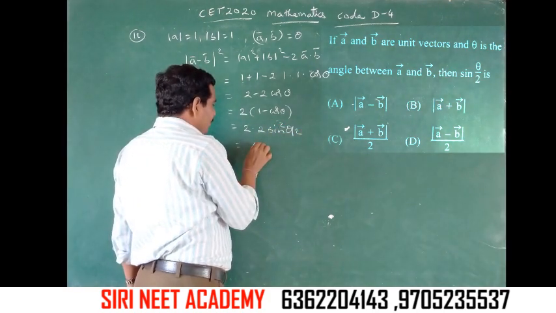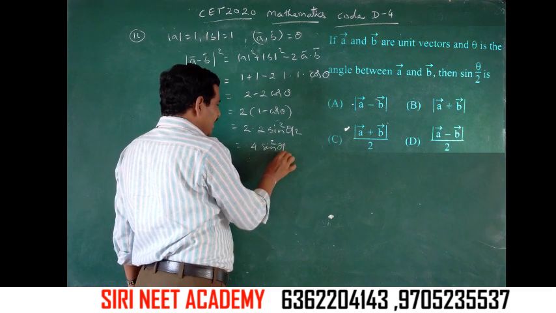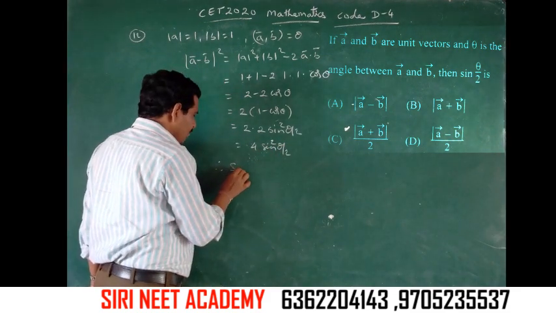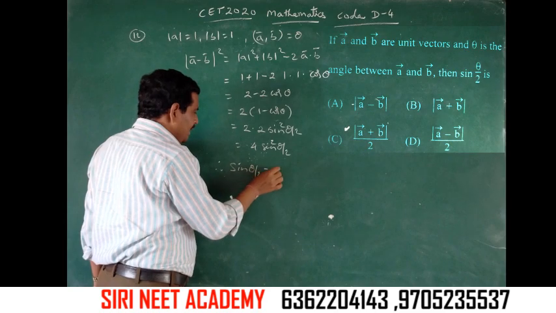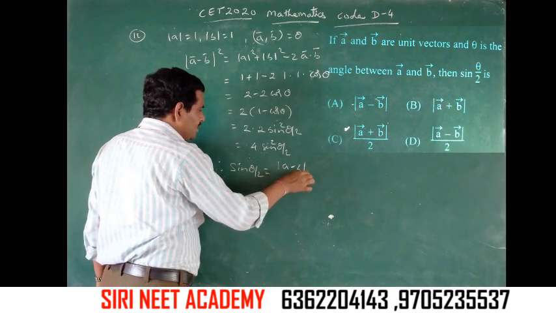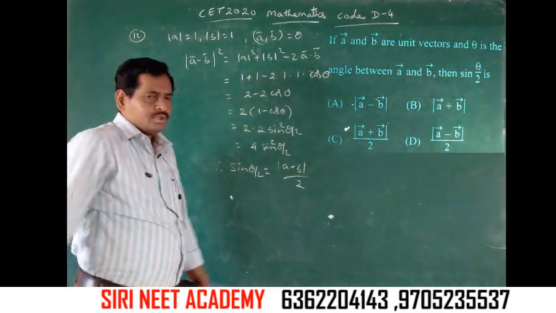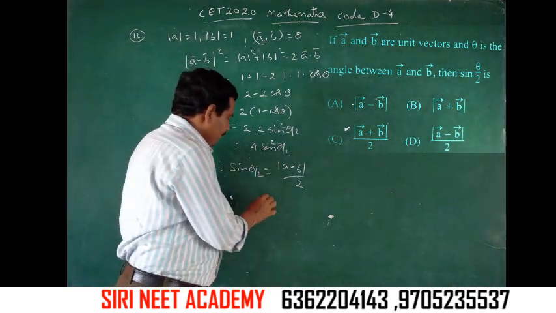It means 4 sin square theta by 2. So the value of sin theta by 2 is modulus of A minus B divided by 2. So option D.